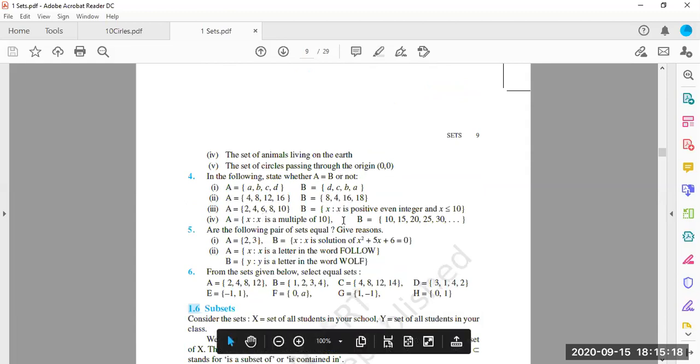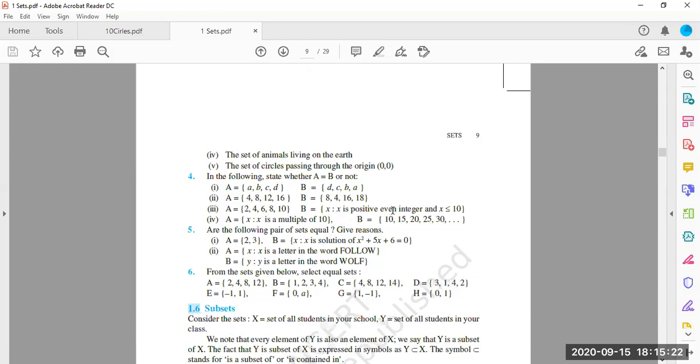You have to understand this. It says set of all x such that x is a positive even integer and x is less than or equal to 10. So all the even integers which are less than or equal to 10 are mentioned. So they are equal. And the fourth one, set of all x such that x is a multiple of 10. Ishma, how will you say this?